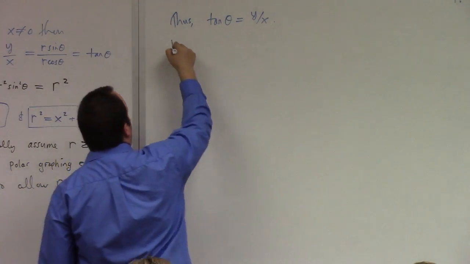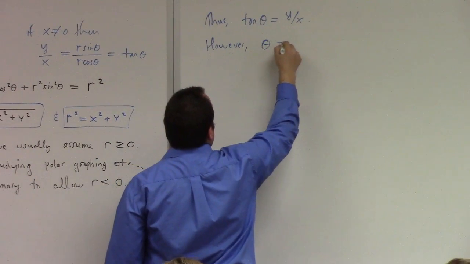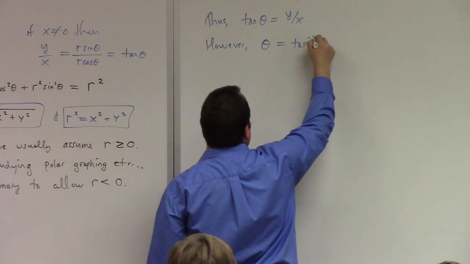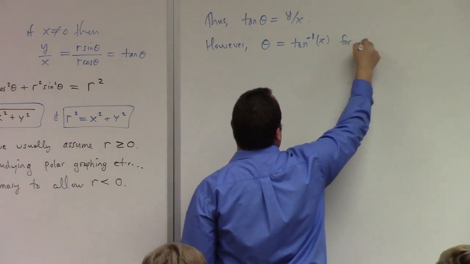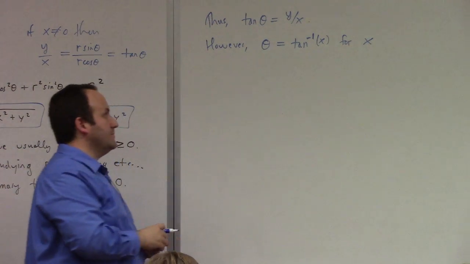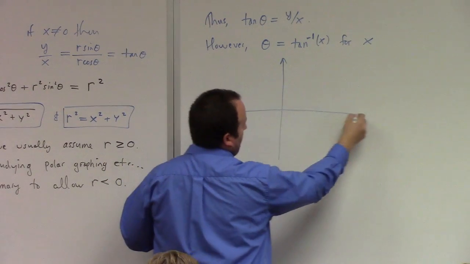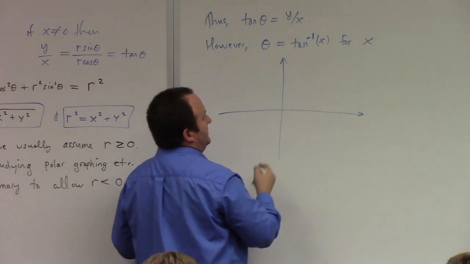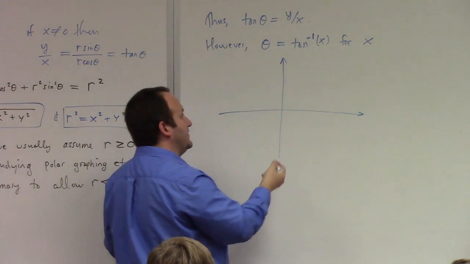However, theta is only equal to inverse tangent of y over x for what? If you think about it graphically, where is inverse tangent going to give you an actual angle that's where it should be?